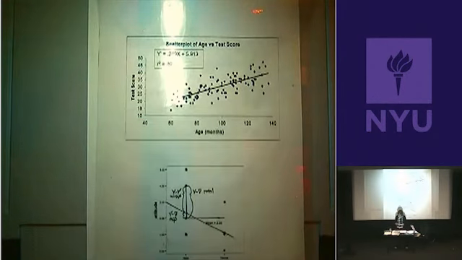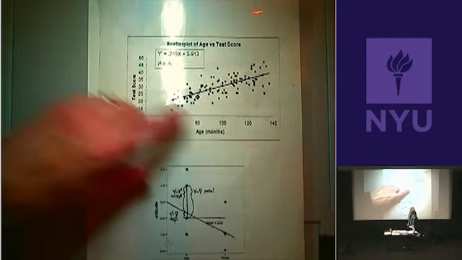So this example, by the way, here's the scatter plot for it, is this top thing. This is an example where we're looking at children first through 6th grade, and we're looking at their age versus their test scores on a verbal comprehension test.